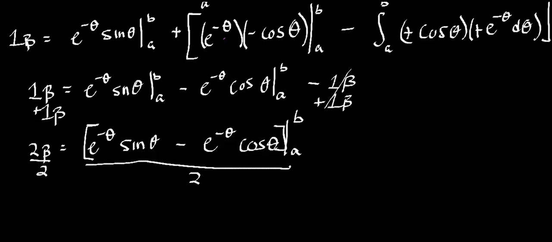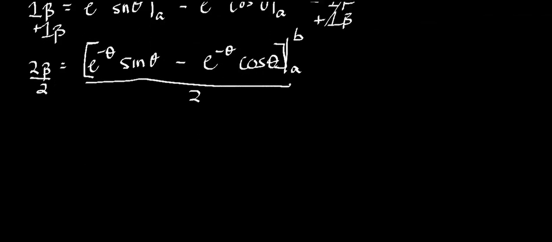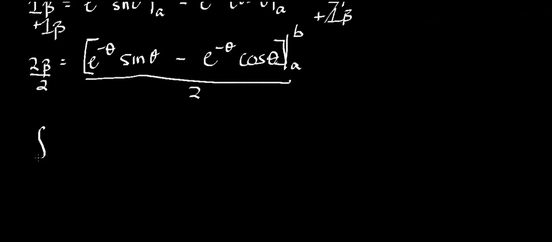And notice that beta was just the integral of e to the negative theta cosine of theta. So this is just the integral from a to b of e to the minus theta cosine of theta d theta. And we just evaluated the integral.